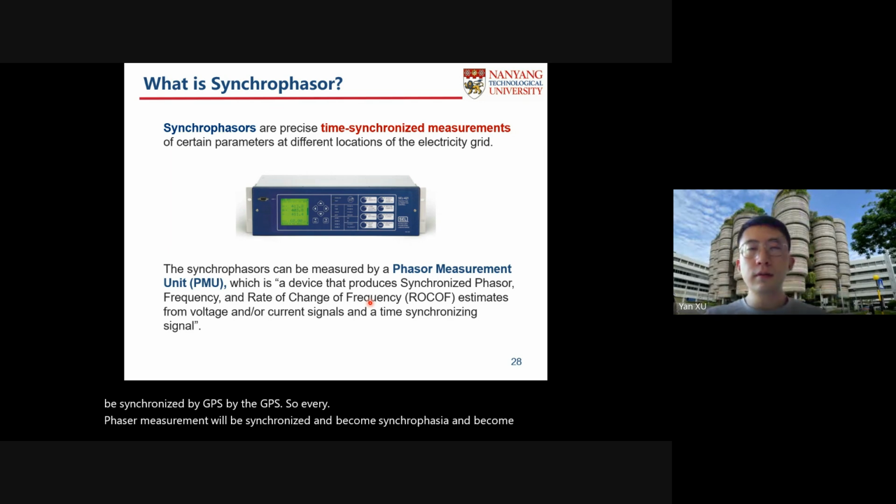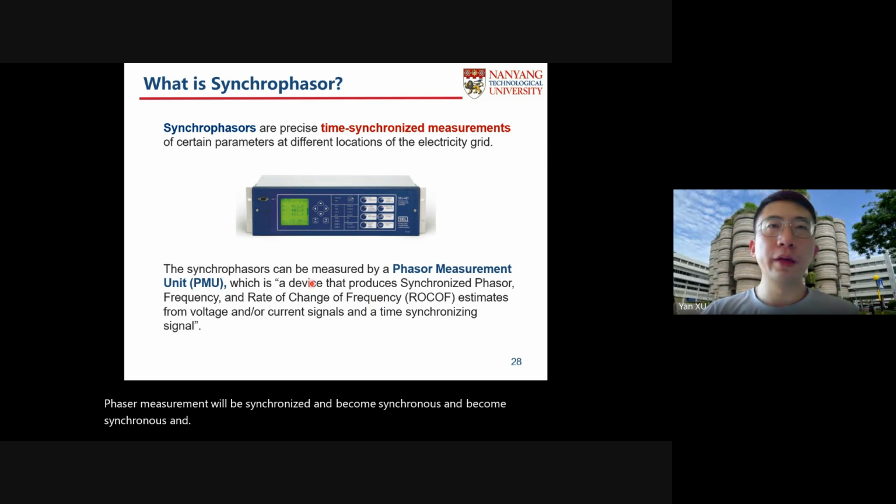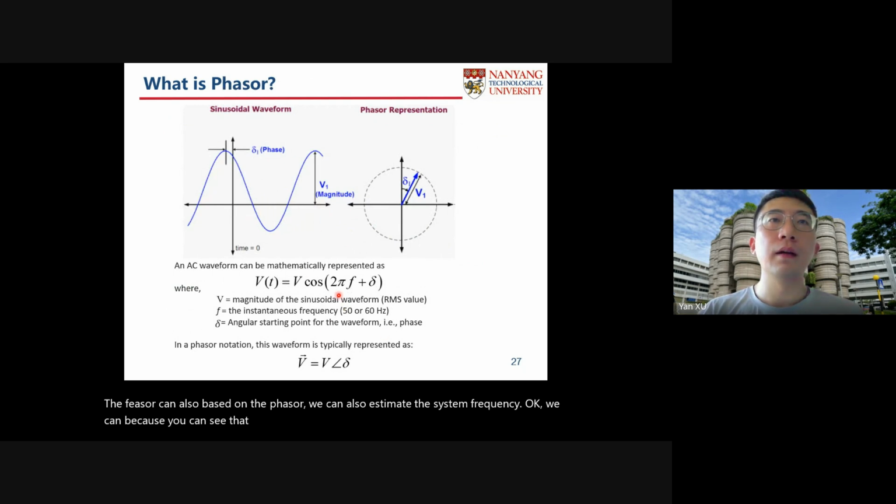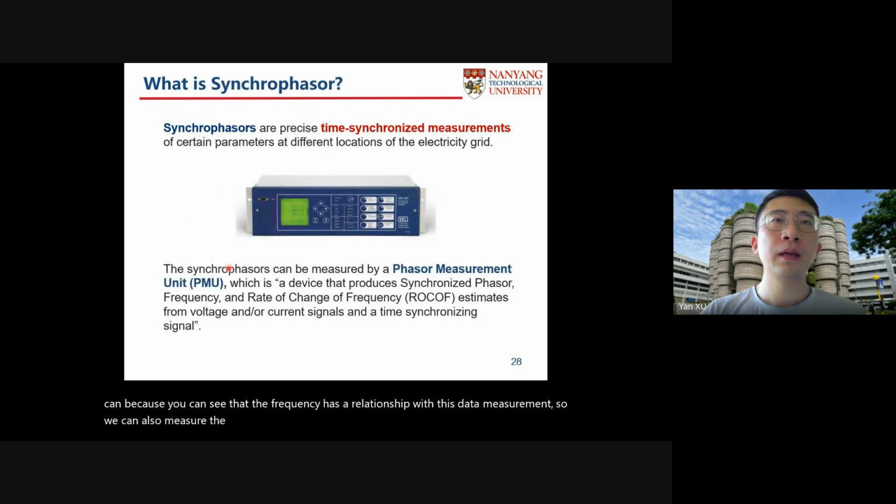And based on the phasor, we can also estimate the system frequency. You can see that the frequency has a relationship with this phasor measurement, so we can also measure the frequency as well. Now, the PMU in practice can measure the synchronized phasor, the frequency, as well as the rate of change of frequency, estimated from the voltage and current signal and a time synchronizing signal.